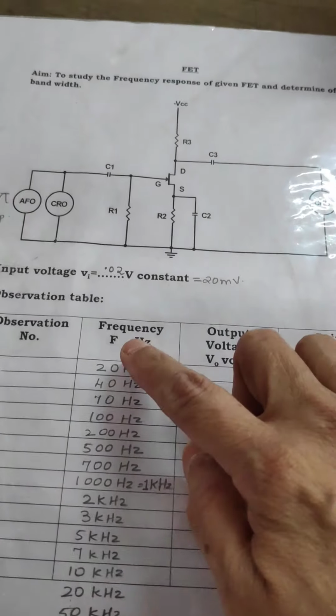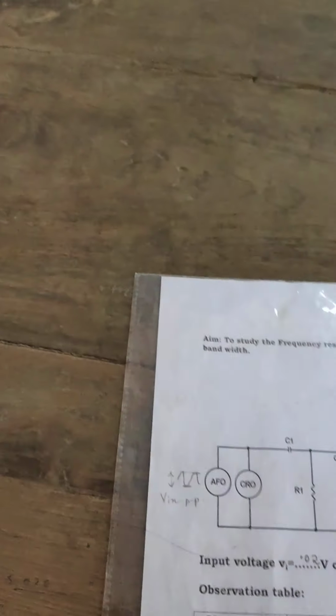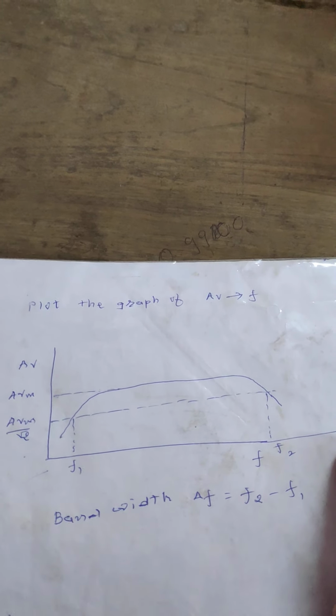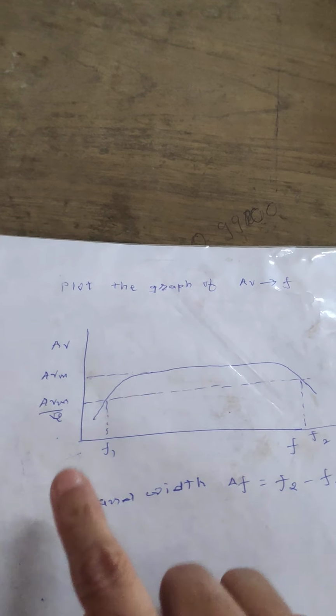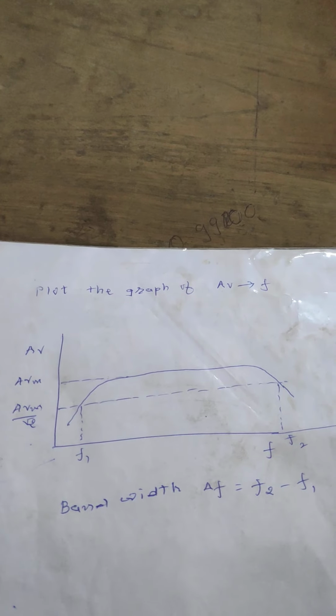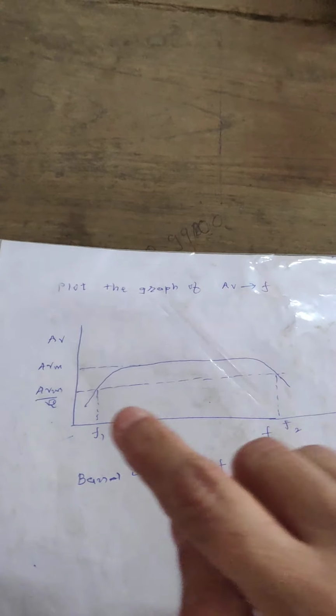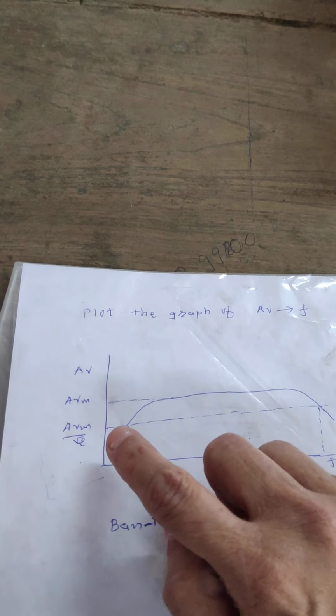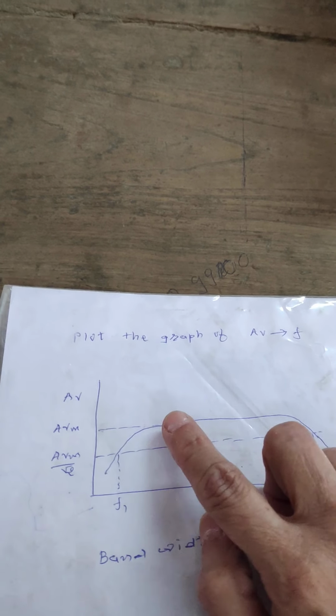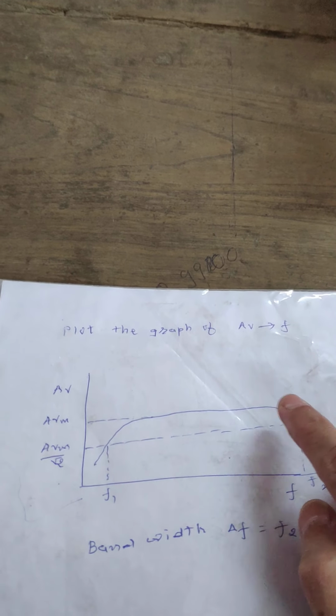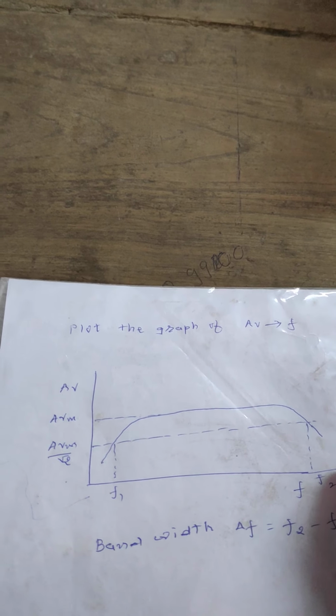Now as you see from here, the frequency changes in a logarithmic manner. So the graph also over here we will plot on a semi-log graph paper. The x-axis will be a logarithmic scale and the y-axis will be a linear scale. And as I told you, as the frequency increases, slowly the gain increases. It becomes constant for some particular frequencies and then it decreases.